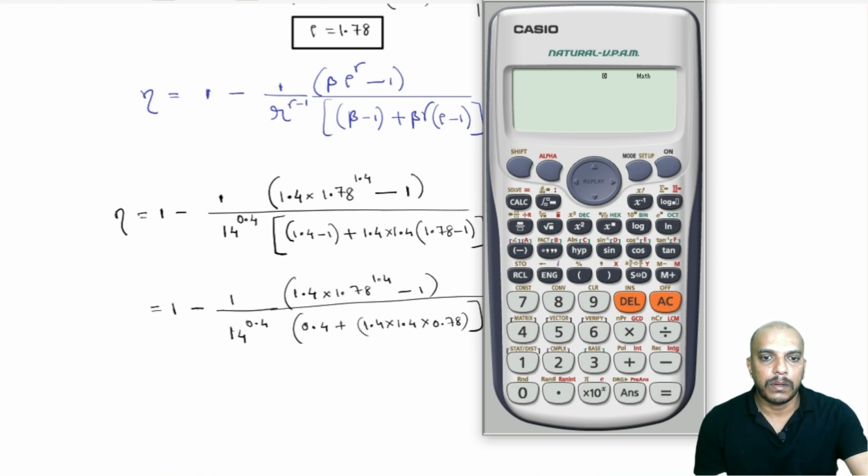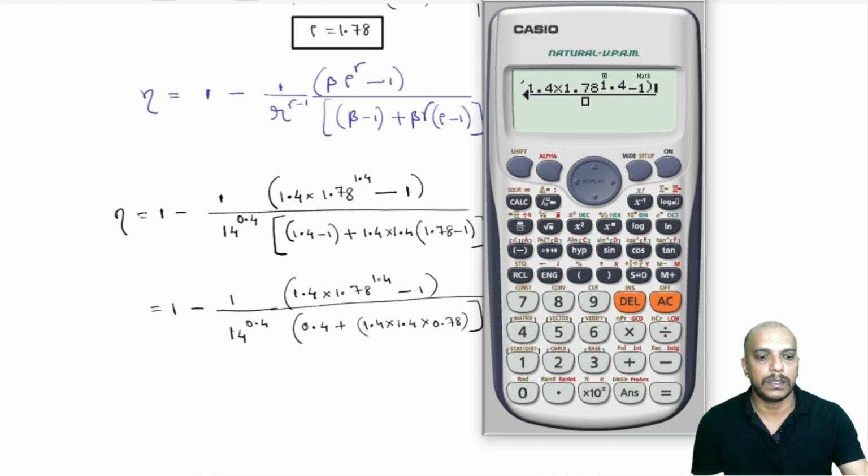So, 1 minus, numerator 1.4 into 1.78 to the power 1.4 minus 1. That is the numerator. Let us come to the denominator: 14 to the power 0.4 multiplied by 0.4 plus 1.4 into 1.4 into 0.78.